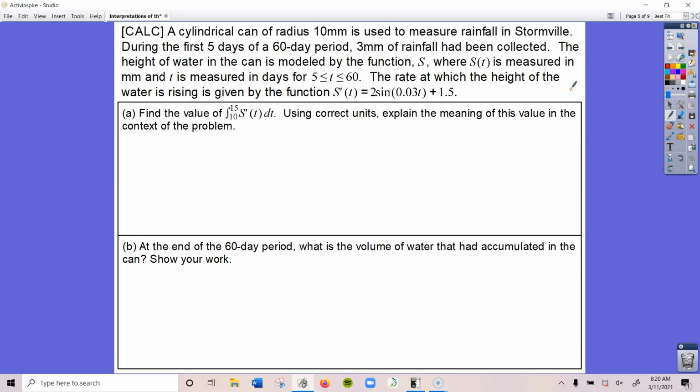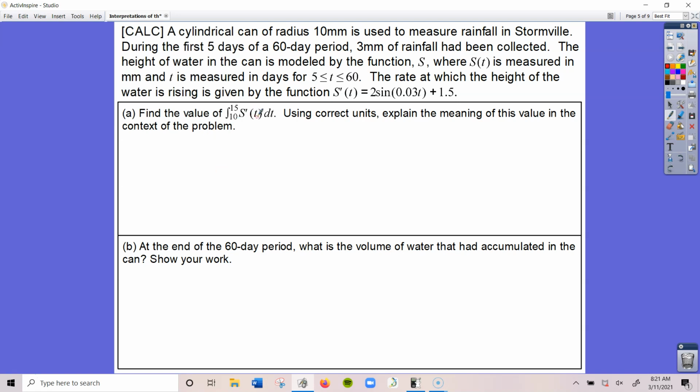The rate at which the height of the water is rising is given by the function s prime of t is equal to 2 sine of 0.03t plus 1.5. Find the value of the integral from 10 to 15 of s prime of t dt. Using correct units, explain the meaning of this value in the context of the problem.